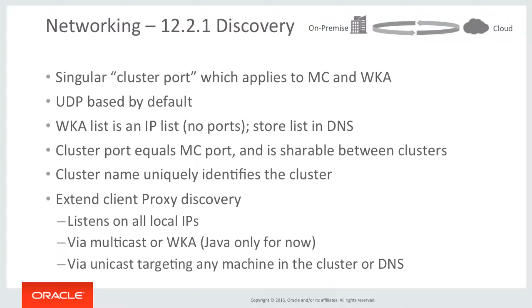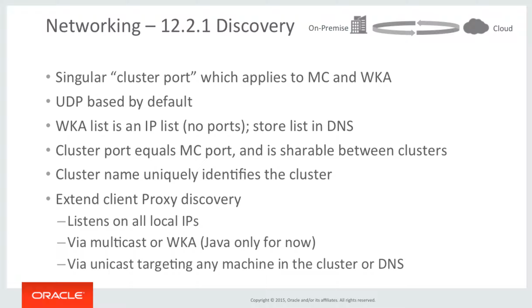12.2.1 remains UDP based by default. The WKA list, though, now that we have the cluster port concept, has ports removed from it. So it is just a list of IP addresses. To further simplify that, since it's only IP addresses, you could actually store that list in your DNS server under a single address record, perhaps using a cluster name.